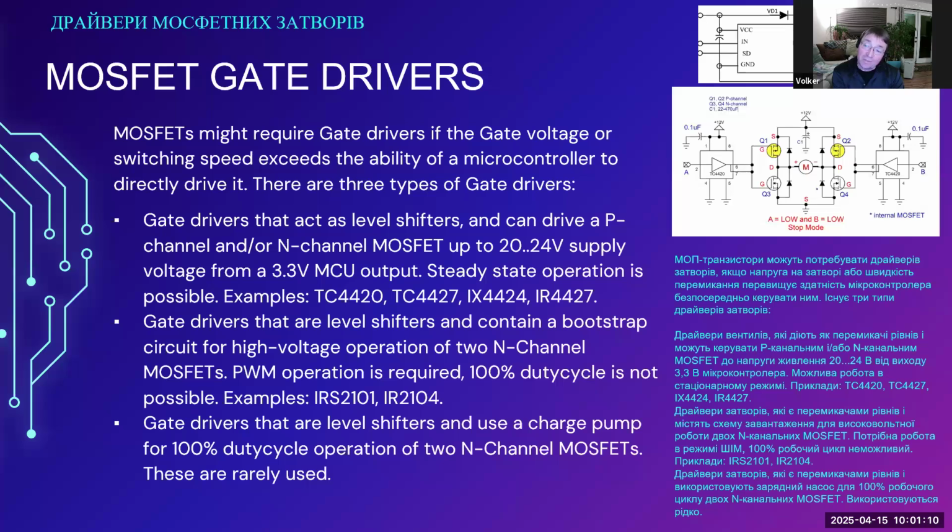The capacitor is being charged from the supply voltage when the low side MOSFET is turned on, and then when the other MOSFET is on, the capacitor is discharged into the N-channel MOSFET on the high side.